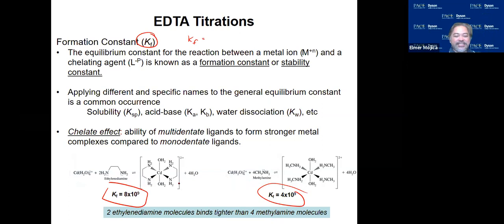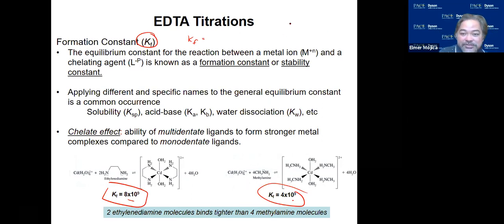Is it the ethylenediamine or the methylamine, based on the value that we're given here? This one has a higher value compared to that one, just twice. So the interpretation is that the 2 ethylenediamine molecules bind tighter than the methylamine molecules.